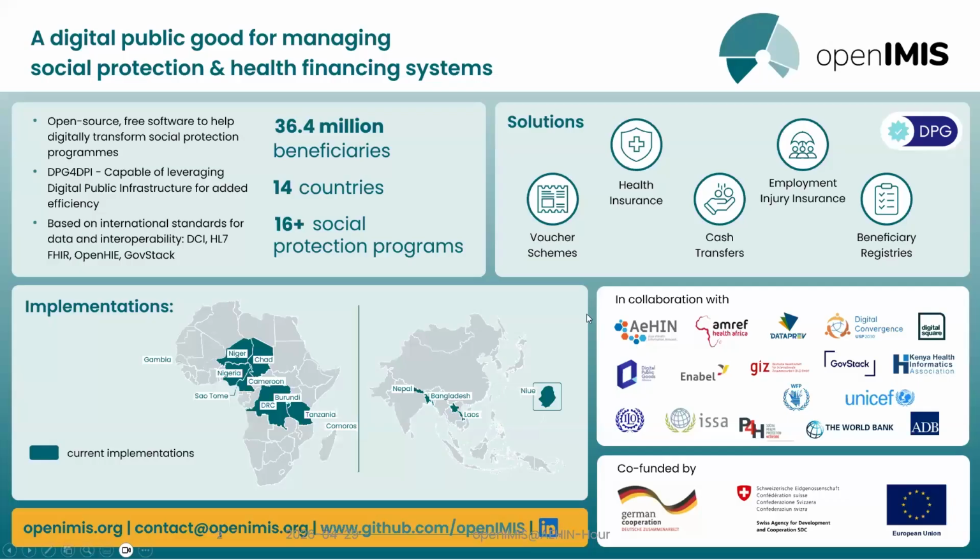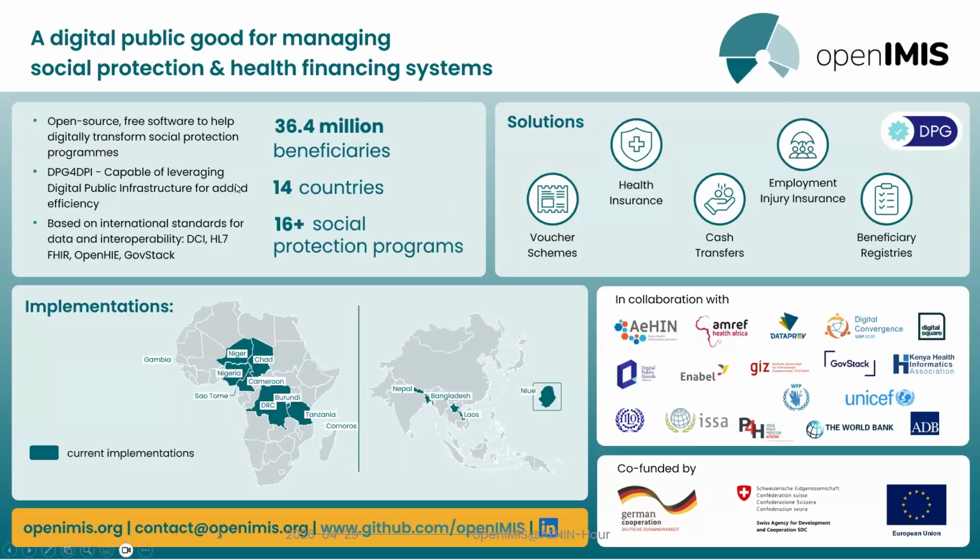Let me dive right into it. Just for those who have not heard about openIMIS yet or have not really seen where we are active so far, openIMIS is an open source software, a digital public good, even certified as a digital public good by different organizations.